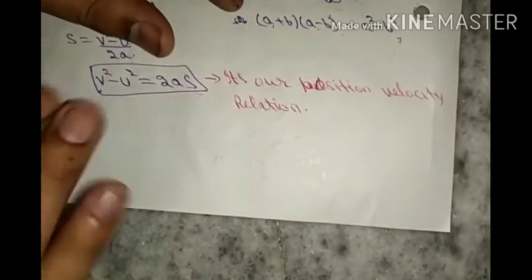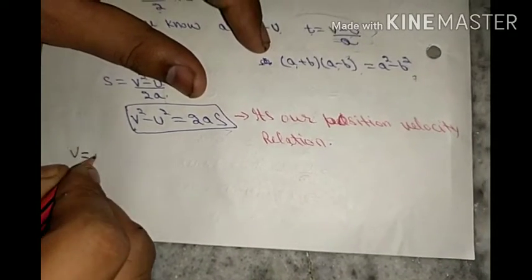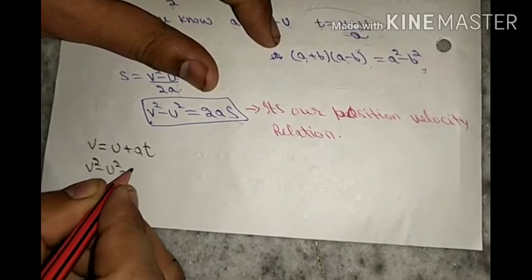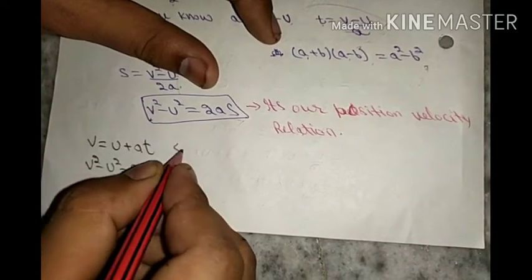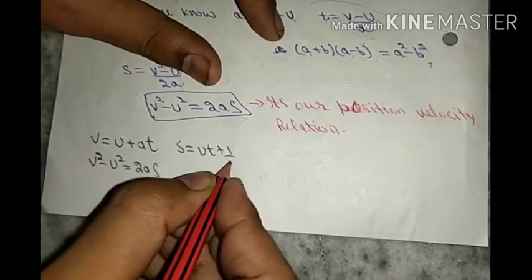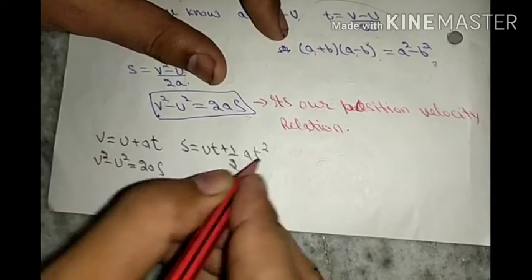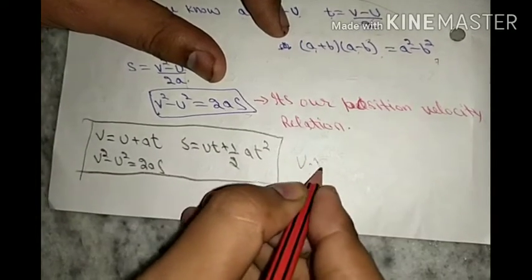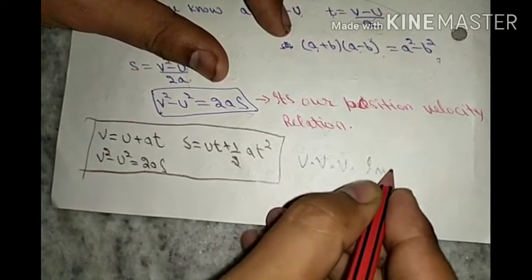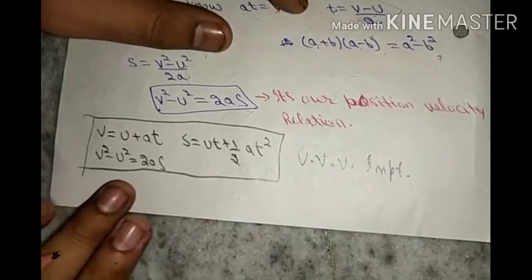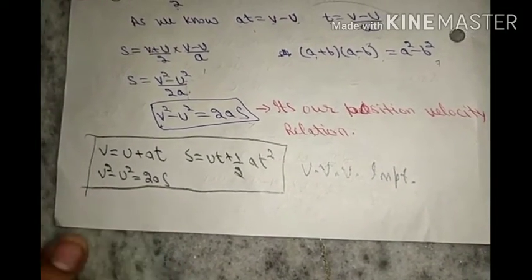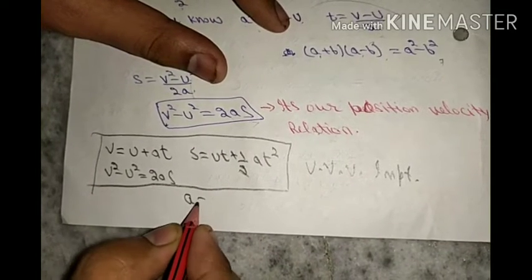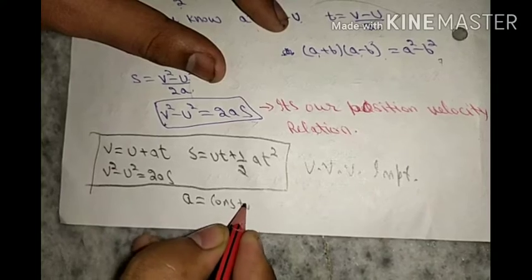So we can write the three relations again: V is equal to U plus AT, V square minus U square is equal to 2AS, and S is equal to UT plus half AT square. These three formulas are very, very important from the exam point of view, for numerical purposes, for everything. And in all these three formulas, one thing is that acceleration is constant.